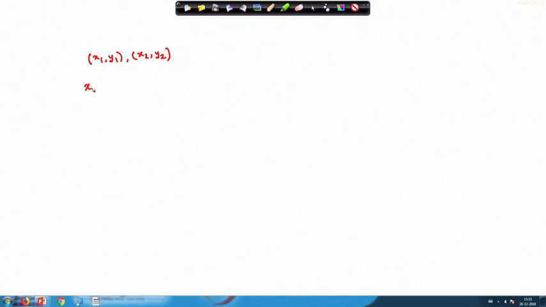So by using the equation that we had, we have x3 equal to y1 plus y2 divided by x1 plus x2, whole square. I am just rewriting the equation that we had: y1 plus y2 divided by x1 plus x2, plus x1 plus x2 plus a.